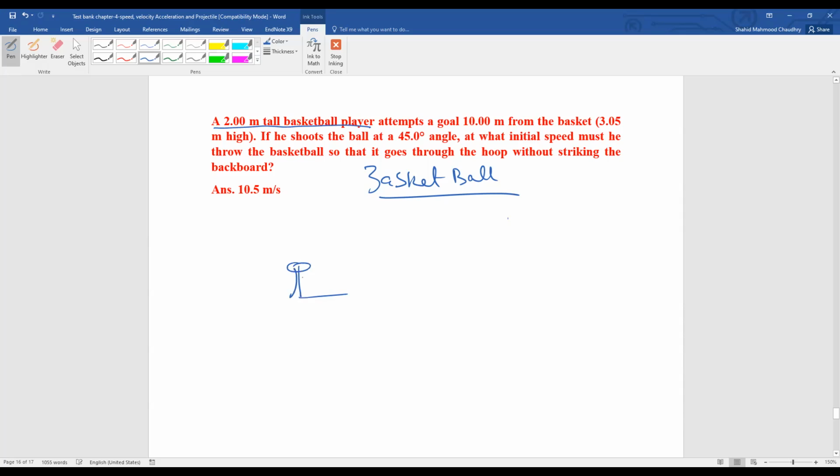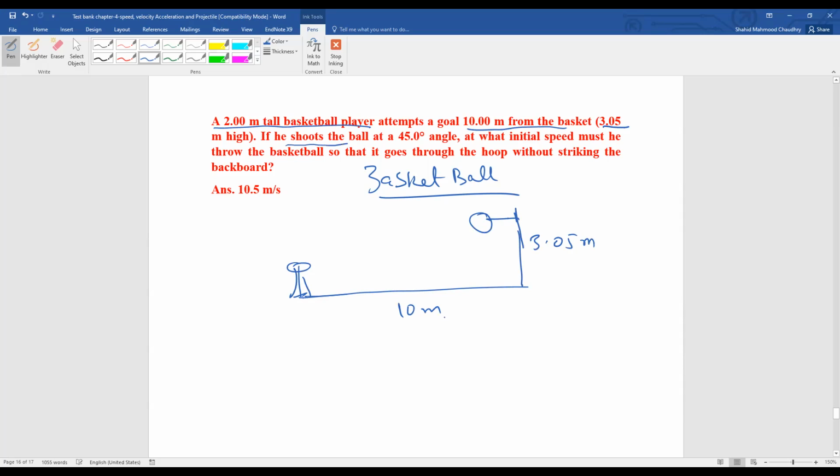Suppose this is a basketball player and this is the ground. He attempts a goal 10 meter from the basket. Here is the basket. So the distance is 10 meter and its height is 3.05 meter. This is given.